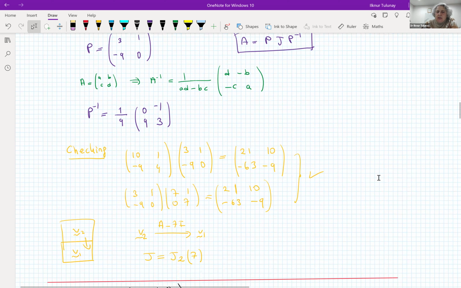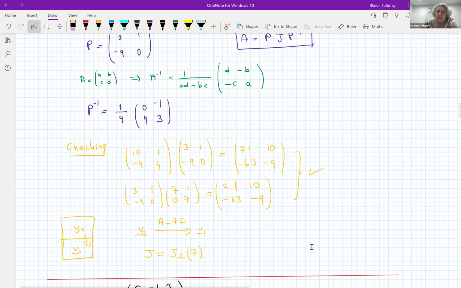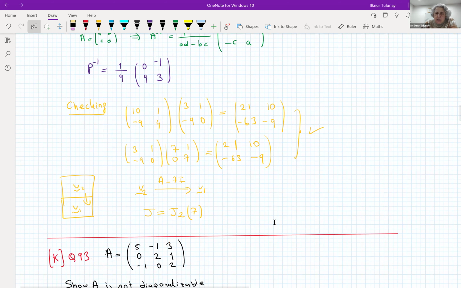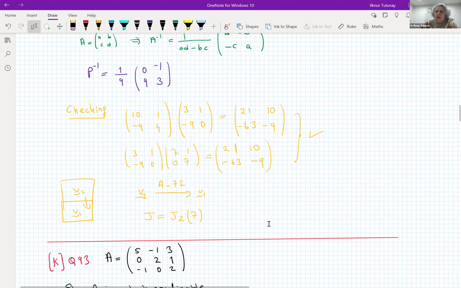You don't need to do this part, but that is the case. So what we've done, we took a V2 in the pool space, and then we constructed a chain from V2 to V1. It's a one-level chain, and that corresponds to the Jordan form J2(7). I think this explanation is helpful for you.